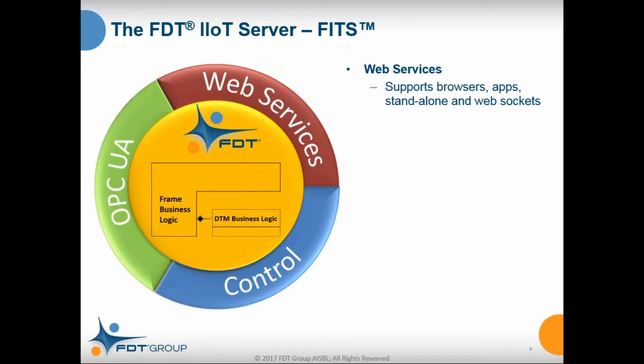So the web services side of things will support things like browsers and apps. So you'll be able to access FDT through a standard web browser. You can also write apps to do specific functions that can access the functions of data that's available in the FITS server. The OPC UA side is standard enterprise integration.